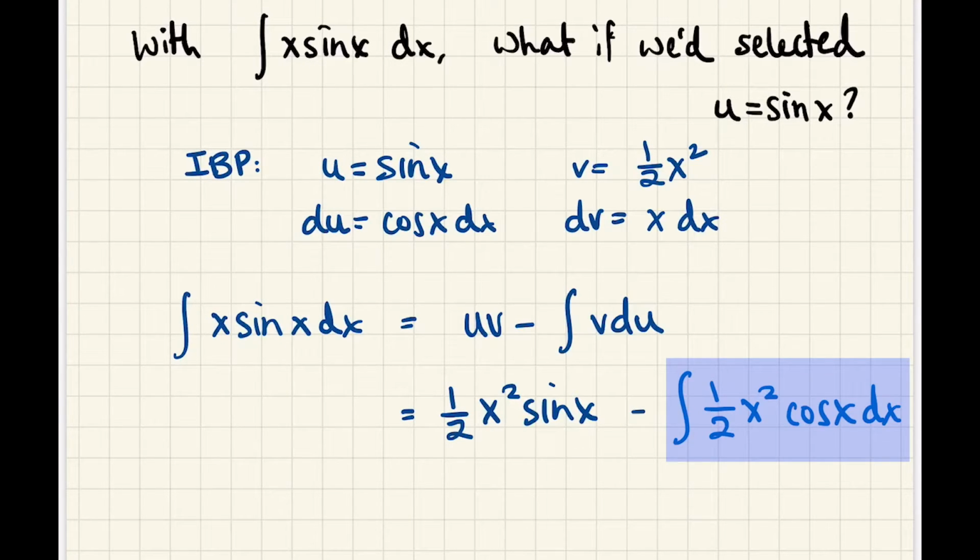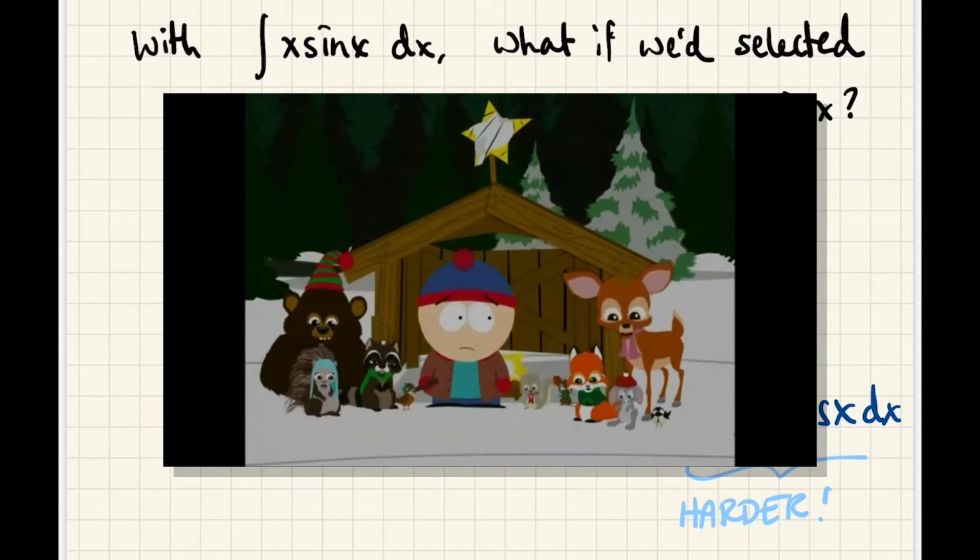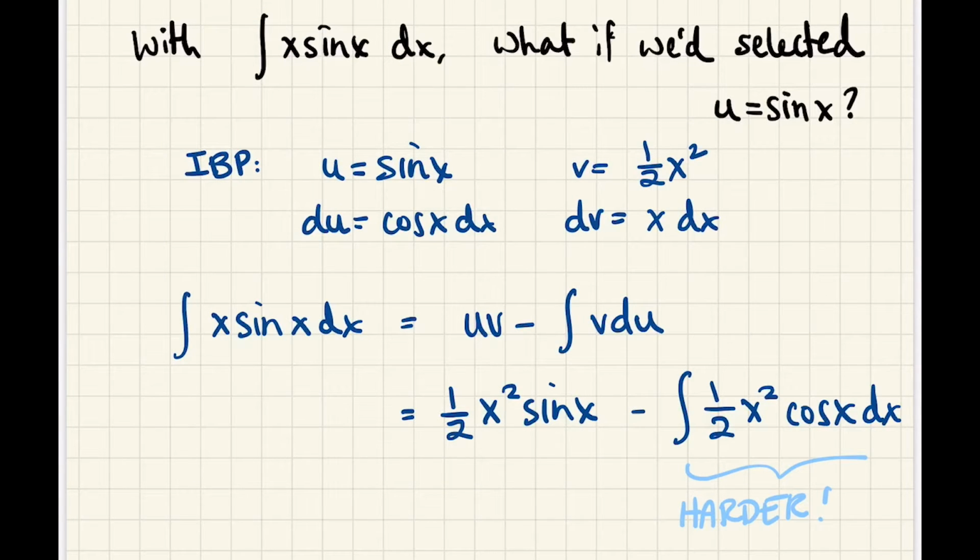And this is our new punted integral here. And I don't know about you, but it looks even worse than what we started with. So this is what could happen if you make a bad choice for u in integration by parts.